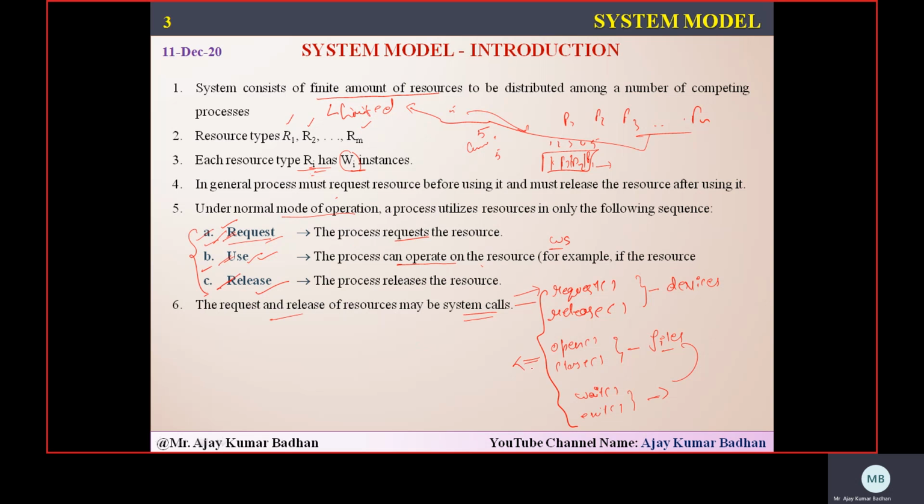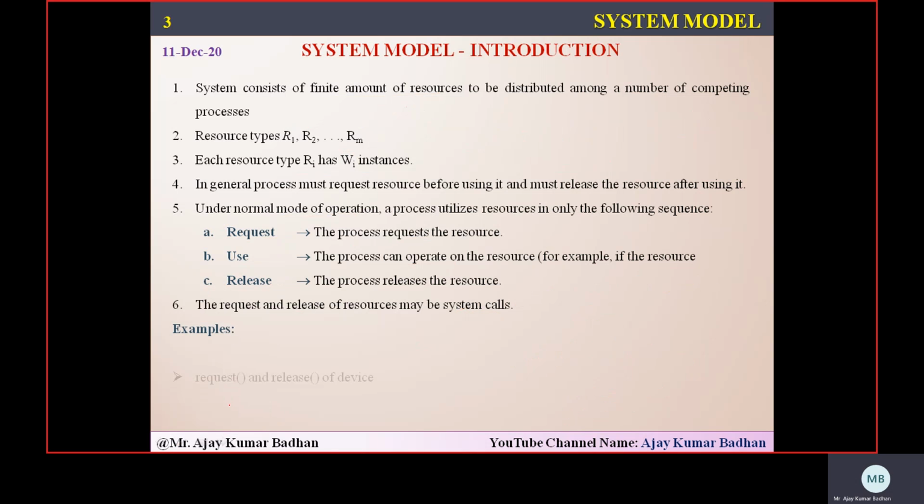Well, you people are almost familiar with these system calls. What are the different system calls we have? You already know it. Just recall this when we are discussing this. I'm not going to touch each and every system call because we have already covered them in the second unit. You just go through it. So these all come under this particular scenario. Let's take an example and I will explain how exactly it works.